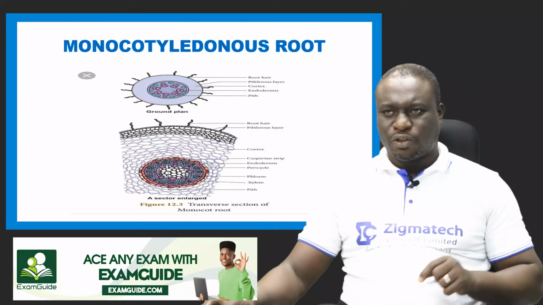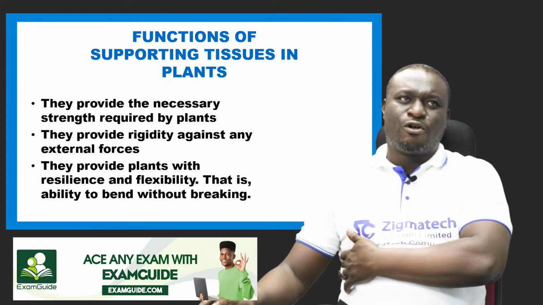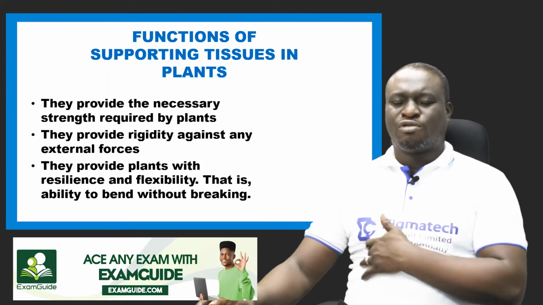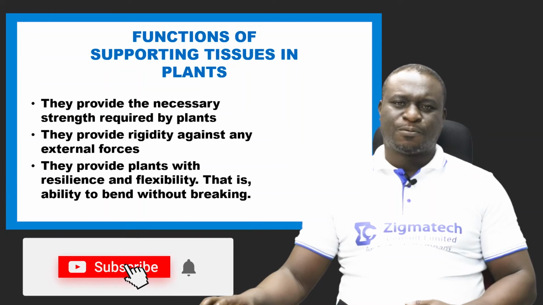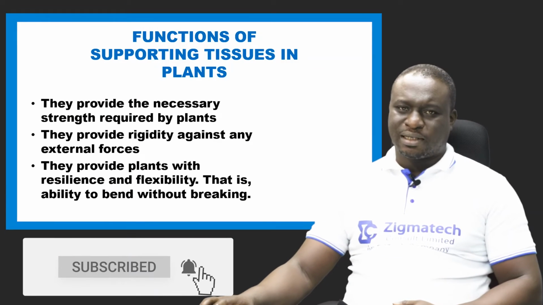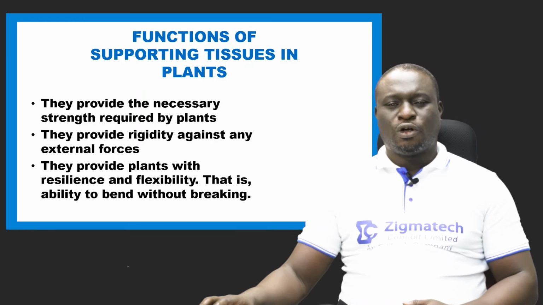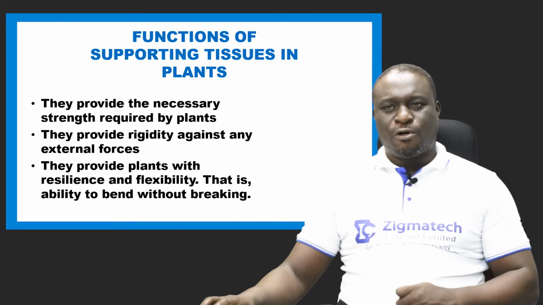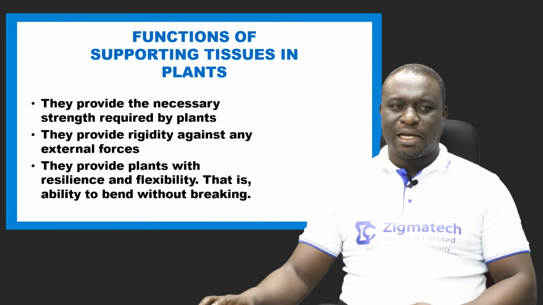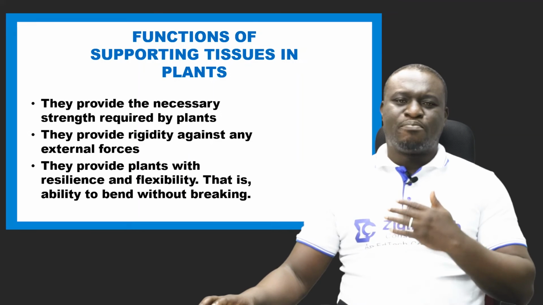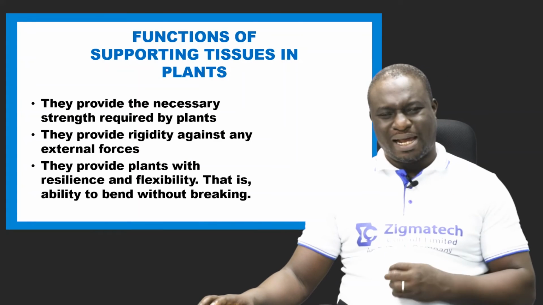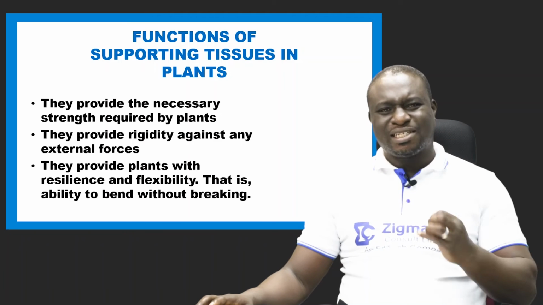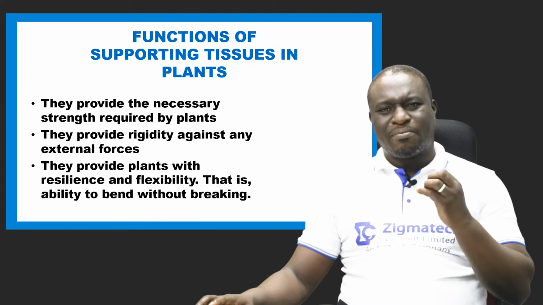Please take note. Okay. Now, what are the functions of supporting tissues in plants? And I think this is where we're going to wrap up. Functions of supporting tissues in plants. Number 1, they provide the necessary strength required by plants.